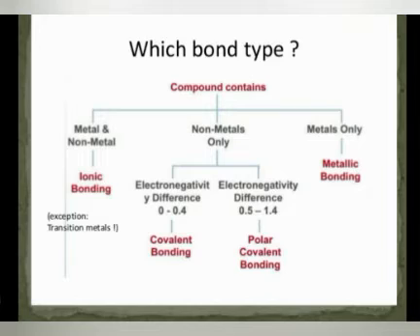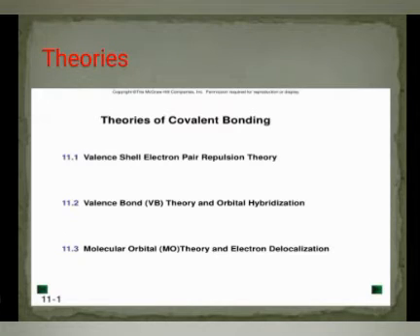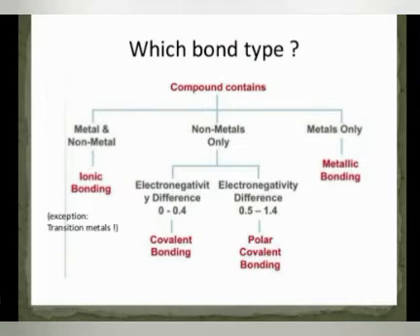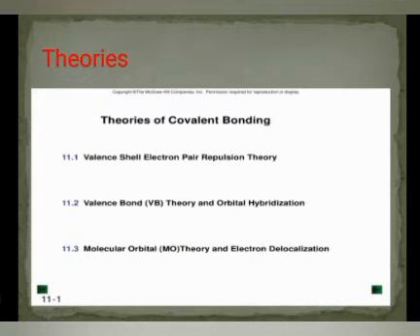Now dear students, before we do valence bond theory, it was very important to understand polarity, dipole moment, or I can say the types of chemical bonding. Now there are some theories with the help of which we can explain the structure and shape.